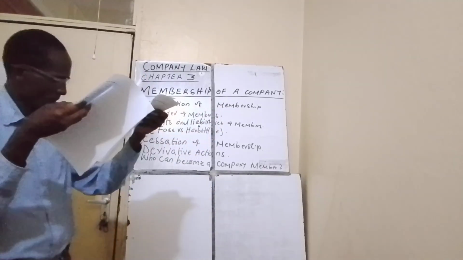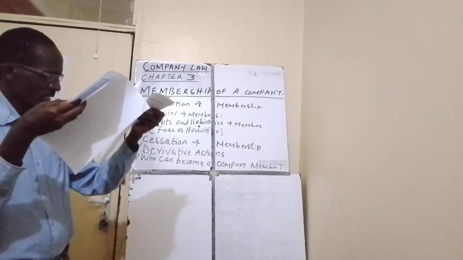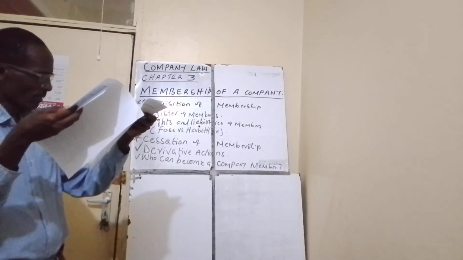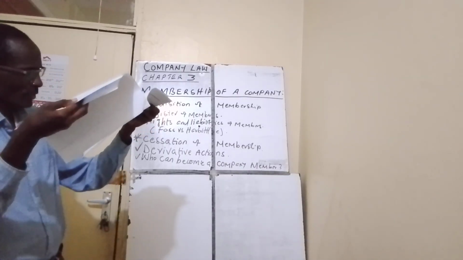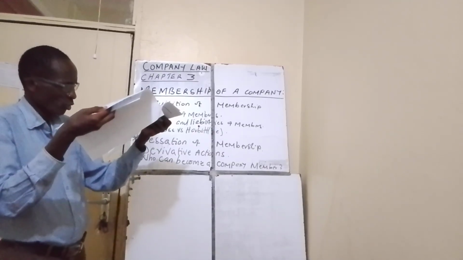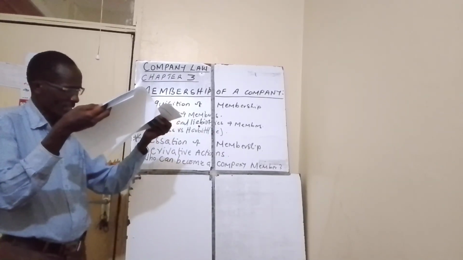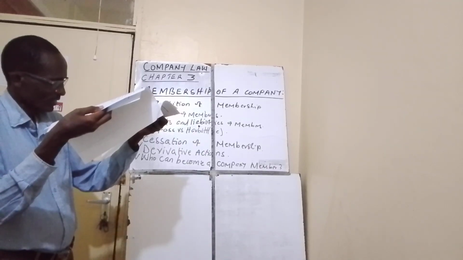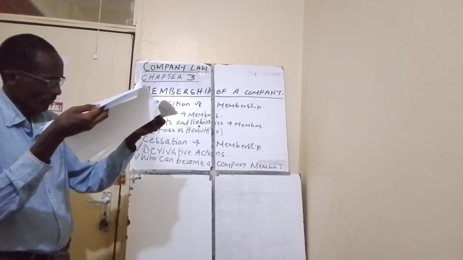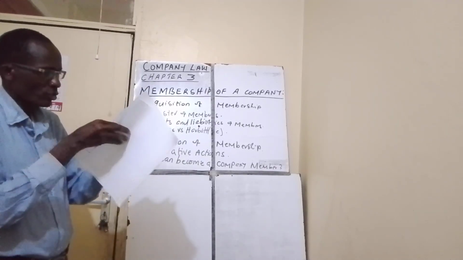That was point number 4. Cessation of membership. We said number 4 was repudiation by an infant, whereby an infant has a common law right to repudiate his ownership during his infancy or within a reasonable time upon attaining the age of majority.